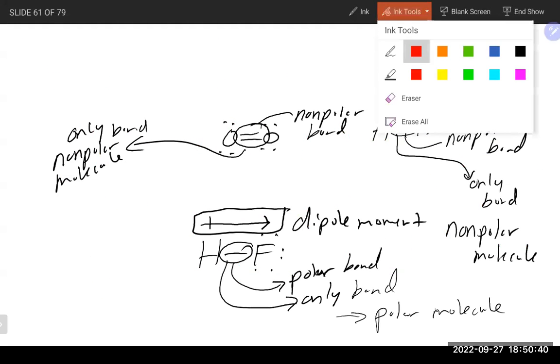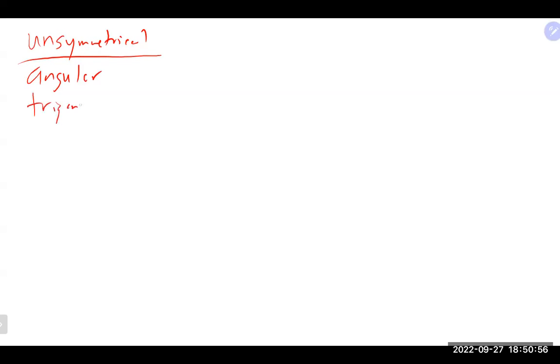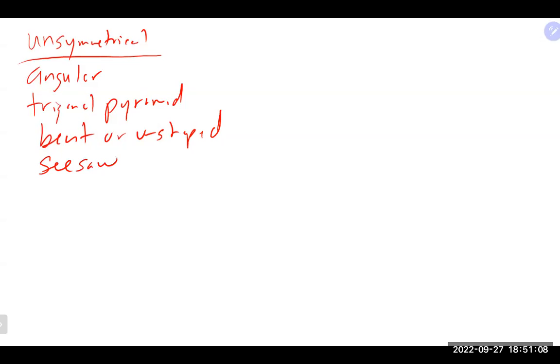Get rid of this. So some unsymmetrical geometries you got going on here. You got a good list. You got angular. We got our trigonal pyramid. We got our bent, our V-shaped. We got our seesaw. We got our T-shape.